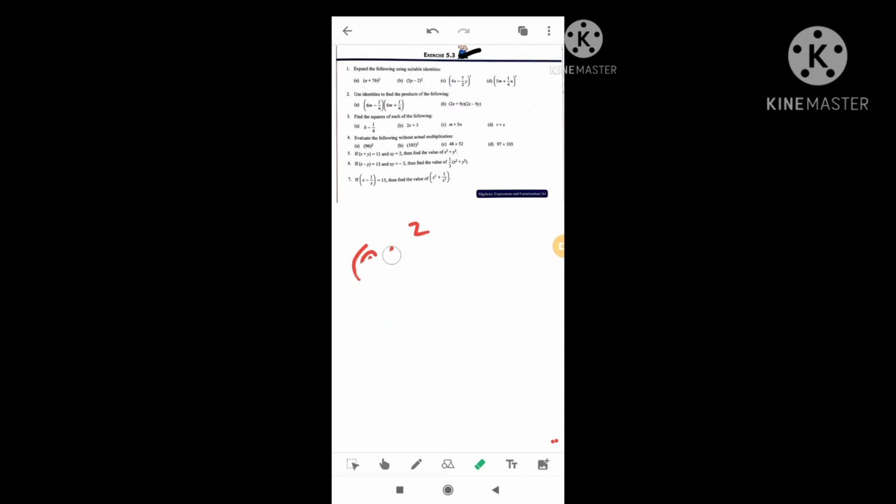What is a square minus b square? The expansion of this one is equal to a plus b into a minus b.